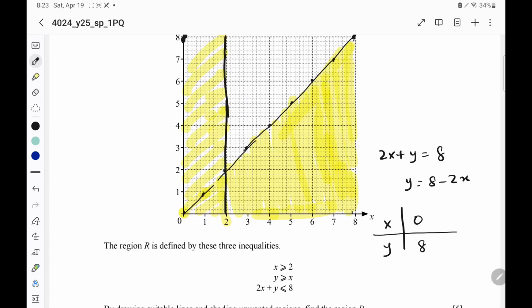Then if I take 2, 8 minus 2 times 2, which is 4, 8 minus 4 is equal to 4. 2 comma 4 is the next coordinate. And if I take 4, that is 8 minus 2 times 4, which is 8, and 8 minus 8 is 0. 4 comma 0. So they are the coordinates.